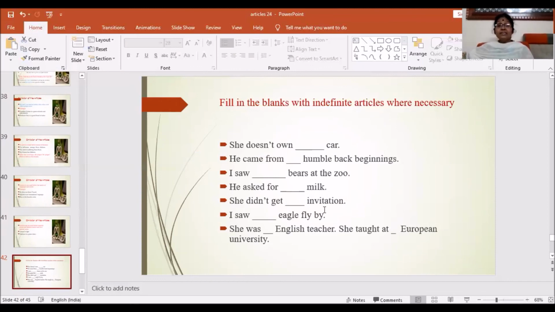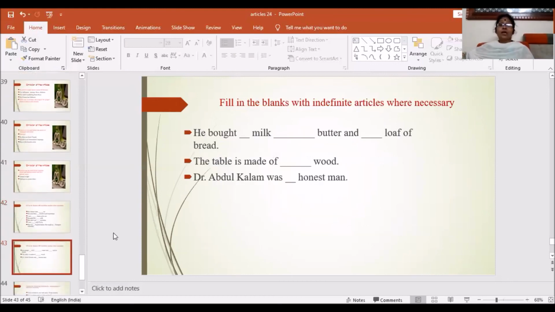She didn't get an invitation, right? I saw an eagle fly by, right? She was an English teacher. She taught at a European university, right? So this is how we have to use our articles.